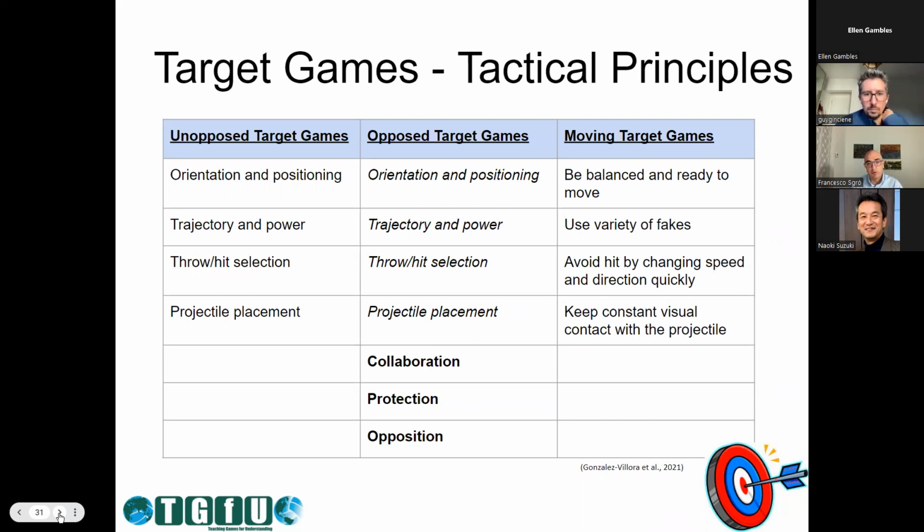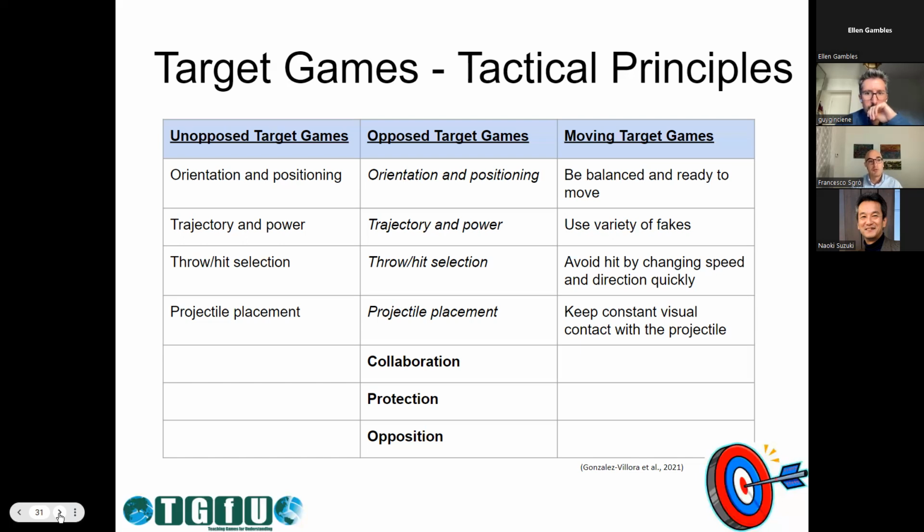Trajectory and power, which means choosing the right course and the right power for a throw. Throw selection, which means choosing the best type of throw with respect to the target that we will reach. And finally, projectile placement, which means laying the ball as close to the target as possible.